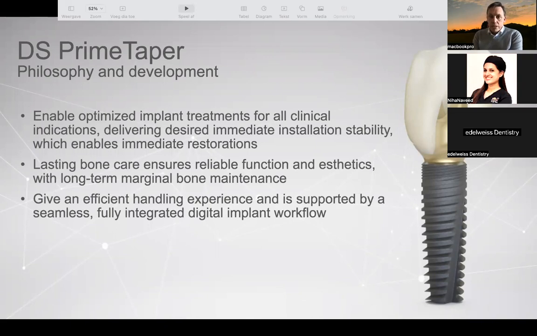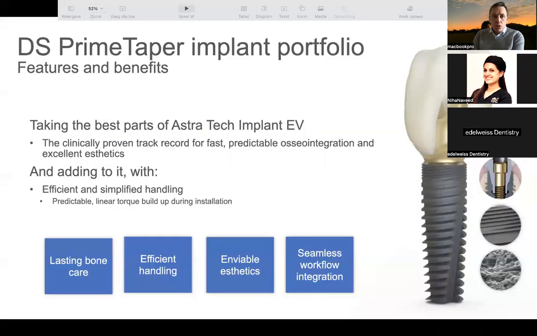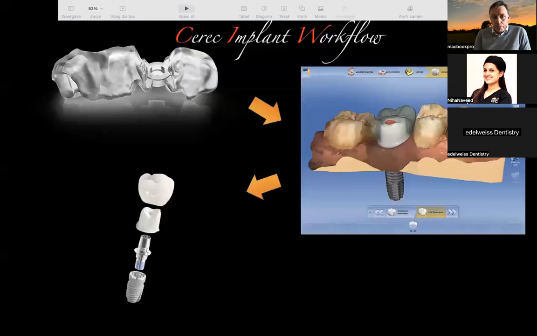The idea about the Astra implant, which I also worked on together with them, is that we wanted the ideal situation from Astra EV, which has good features: lasting bone care, efficient handling, good aesthetics, and seamless workflow integration. But we wanted to do immediate loading, where it is easier to get a higher torque, and that's what we got here with the Prime Taper.